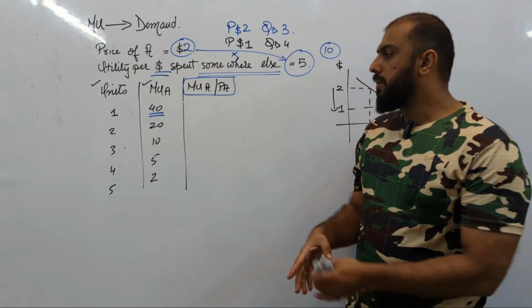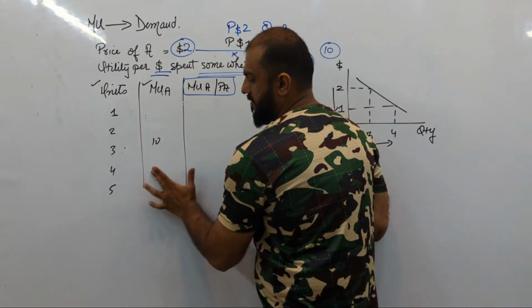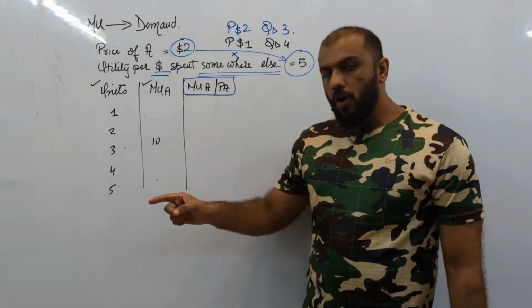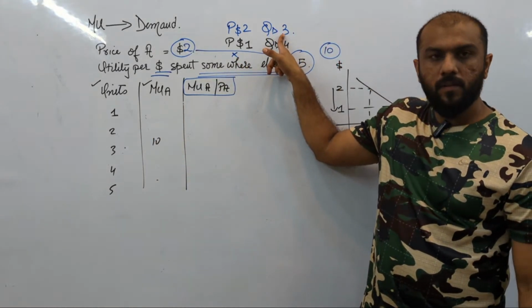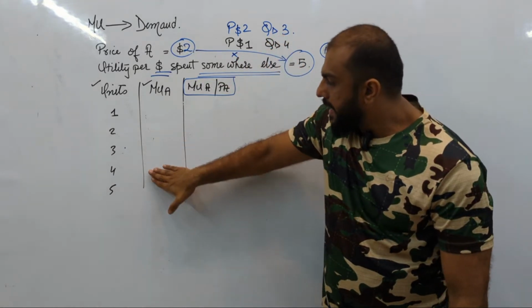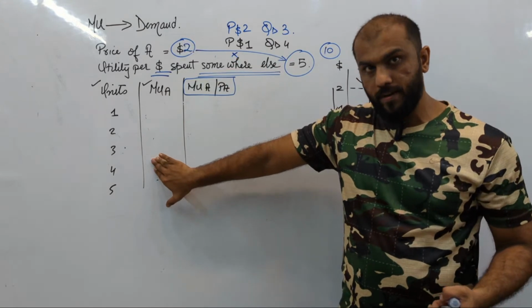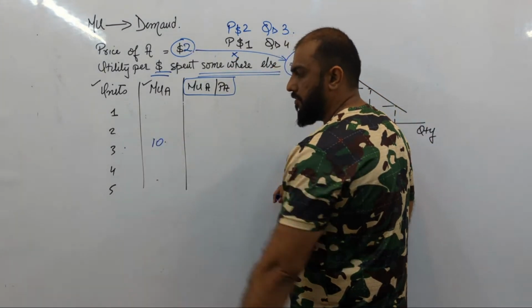So what you can do is you can write simply 10 and erase everything. So you would be having something like this. Your consumption would automatically stop at 3. If I were to write 10 on the 4th unit, my consumption would stop at the 4th unit. I thought of 3, therefore 10 came over here.